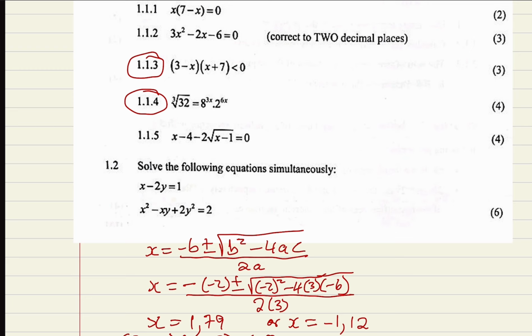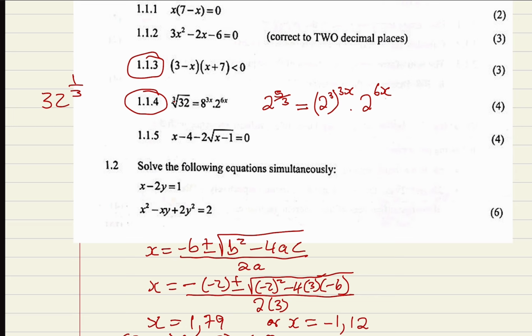So for example, 32, that is 2 raised to 5, divided by 3, equals 2 raised to 3, all raised to 3x, times 2 raised to 6x. That is what we are having. How did you have 5 over 3? It's because this was the same as 32 raised to 1 over 3.